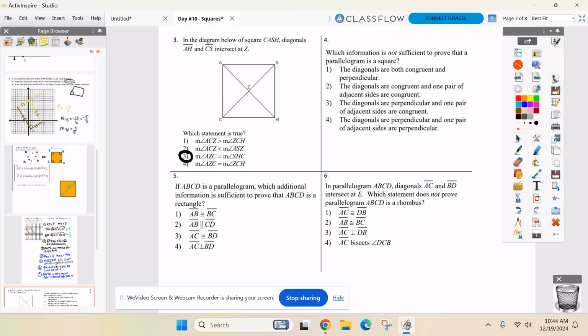Is it staying a rhombus by the other property? Or it's a rectangle now. Is it staying a rectangle based on the second property I give you? And remember, you have the properties right in front of you.